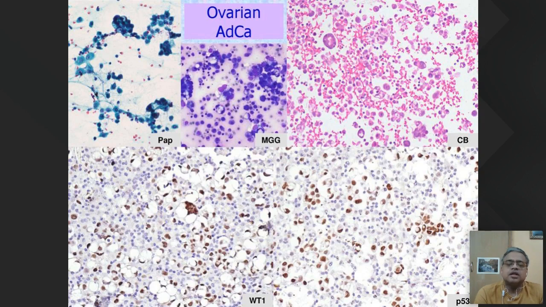So when you do a cell block of ascitic fluid, you convert cytology into histology, and it becomes easier for many people to make a diagnosis. If you look at the cytology here, it was very bland looking. Nuclei were not atypical. It was just forming small clusters like this. This case we would have gone inconclusive, but because we had markers and cell block morphology, we were able to go positive on this.